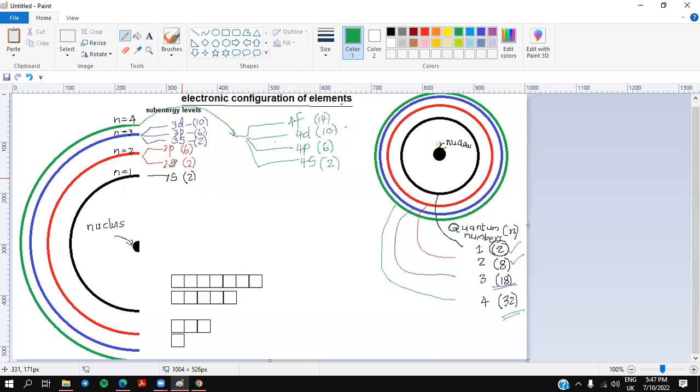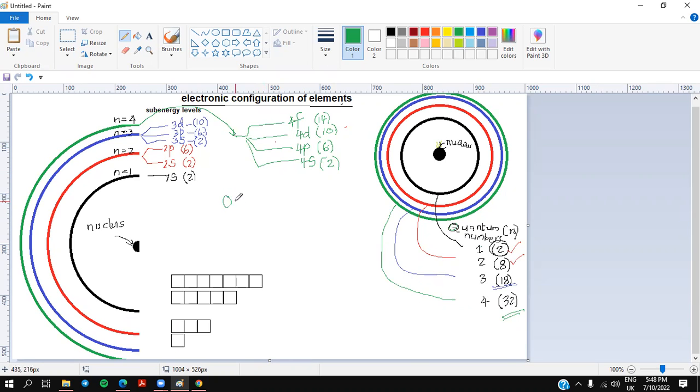Sub-energy levels are S, P, D, F. There are 4 types of sub-energy levels. In these sub-energy levels also, there are different numbers of electrons. In these sub-energy levels, there are very special areas called orbitals. This is the last division, orbitals.